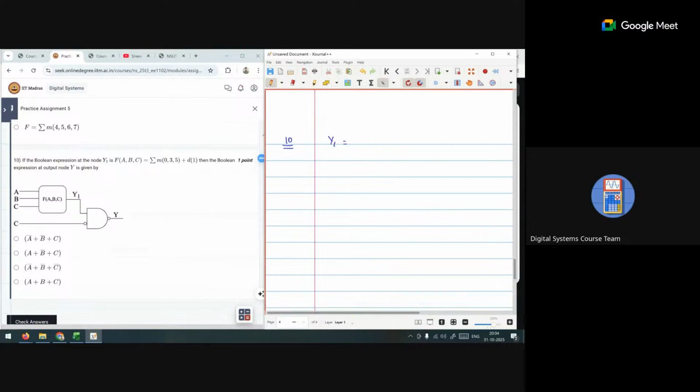So y1 is A, B, C, D: 0, 0, 1, 1, 1, 1, 0, 0 and 1, 0, minterms 3, 5, and D is 1.